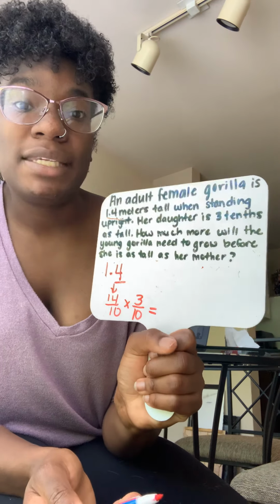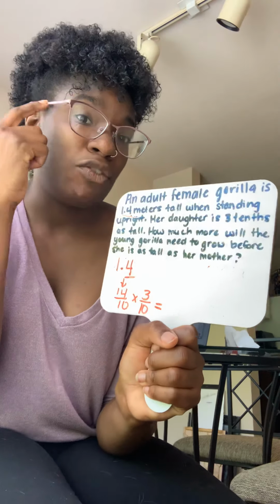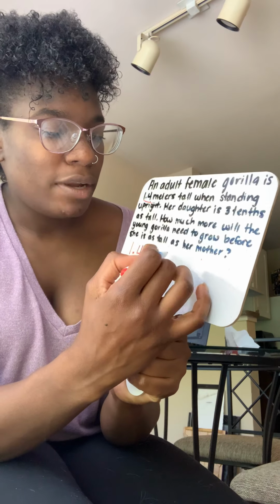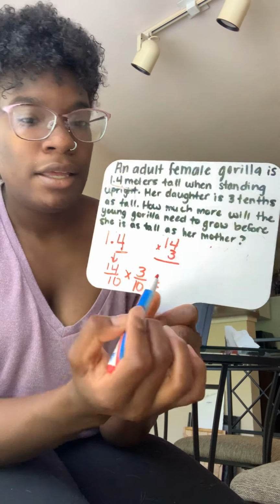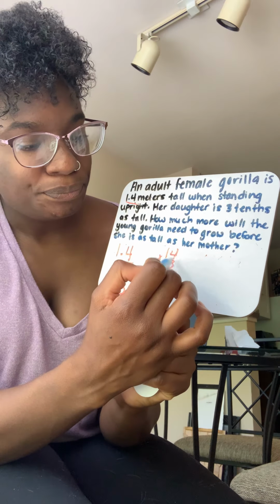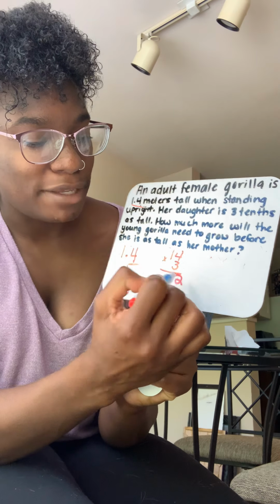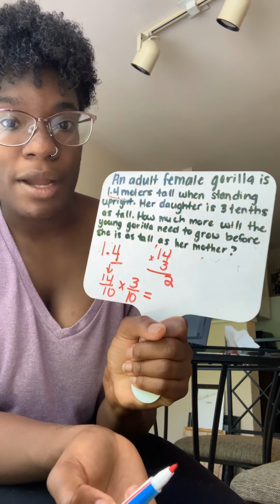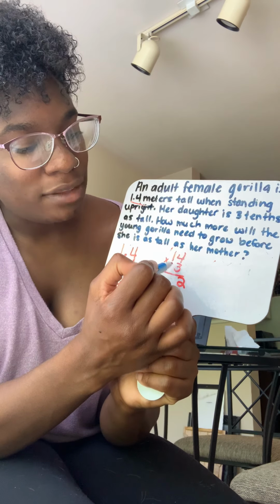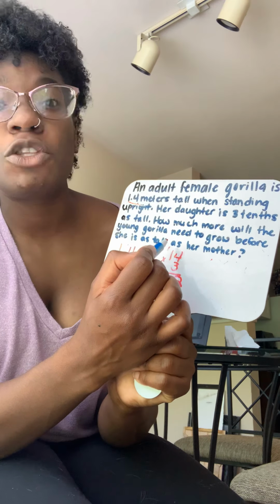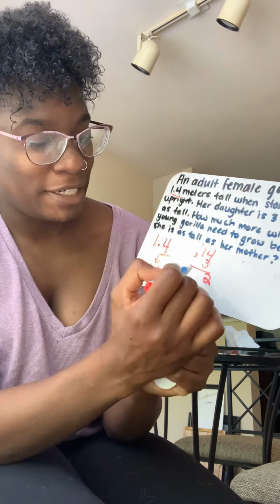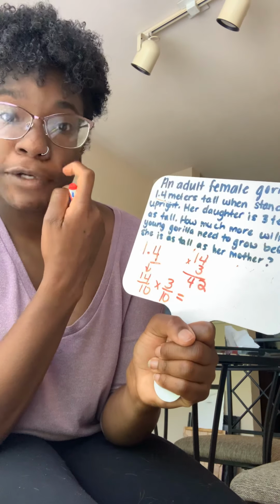So let's go ahead and work through the numerator. So we've got 14 times 3. If you can't do that mentally, then go ahead and write it down. 14 times 3. We first got 3 times 4, and that is 12. So I'm going to drop my 2 and carry that 1. So now we've got 3 times 1, which is 3, plus that last 1, which is 4.